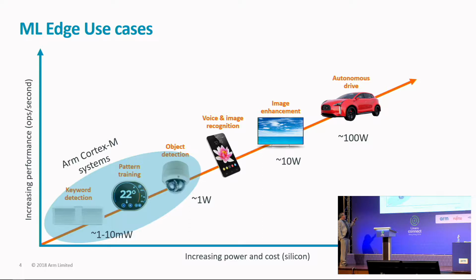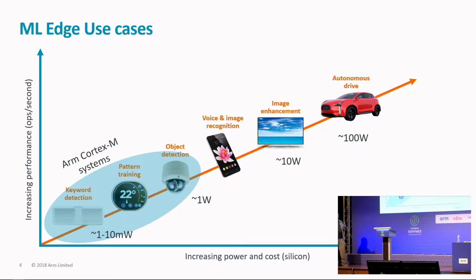In this domain, I can do things like rudimentary image detection and pattern training for sensors, maybe sensors all fused into an inference engine for looking at anomalies in industrial processes, or movements around smart buildings, things like that.